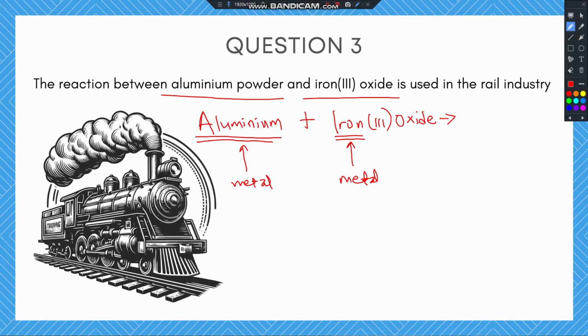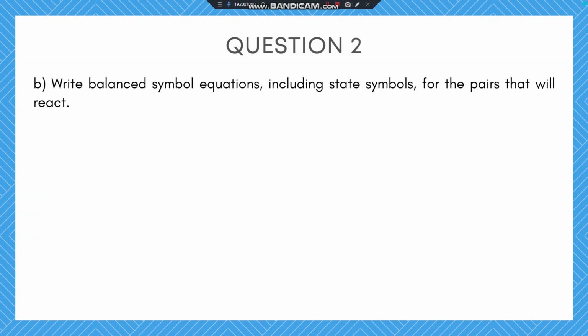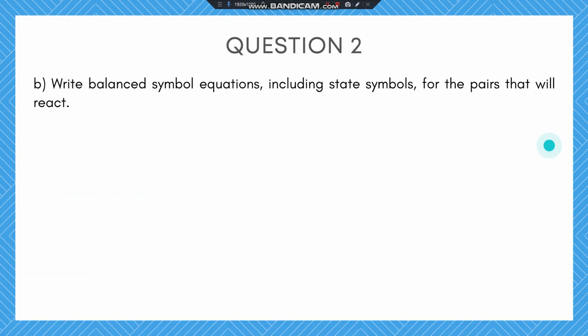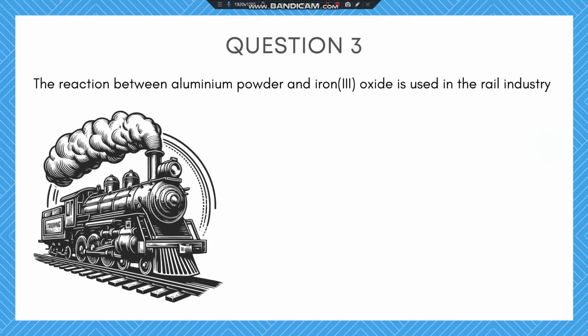In order to answer that question, we would need to check out our reactivity series. So let's backtrack a bit to check it out. We have aluminium and iron. The position of aluminium is over here and the position of iron is some steps below it. That confirms to us that aluminium is more reactive than iron. So aluminium would displace iron from a chemical reaction.